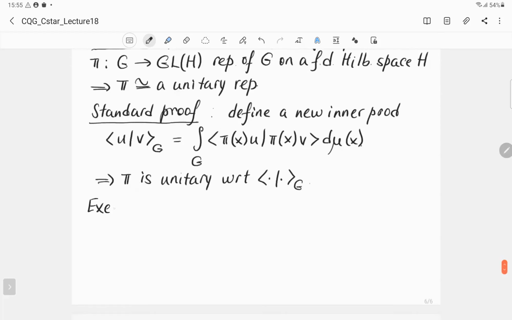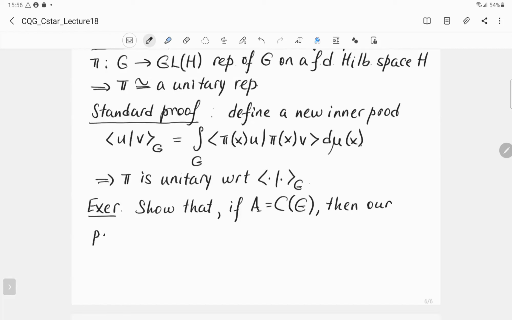So I recommend you to do the following exercise. Show that if A is the algebra of continuous functions on a compact group, then our proof and the standard proof are, in some sense, essentially the same.